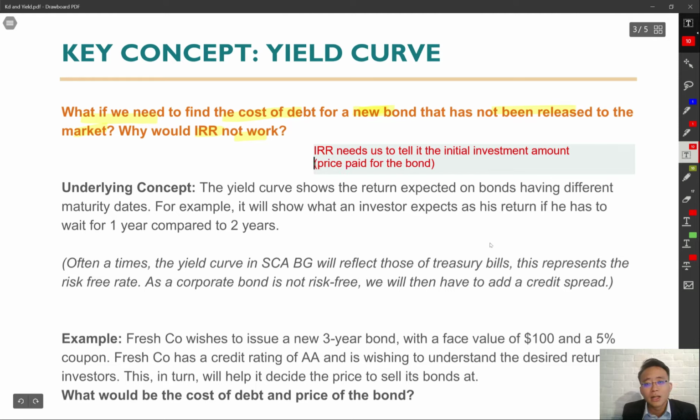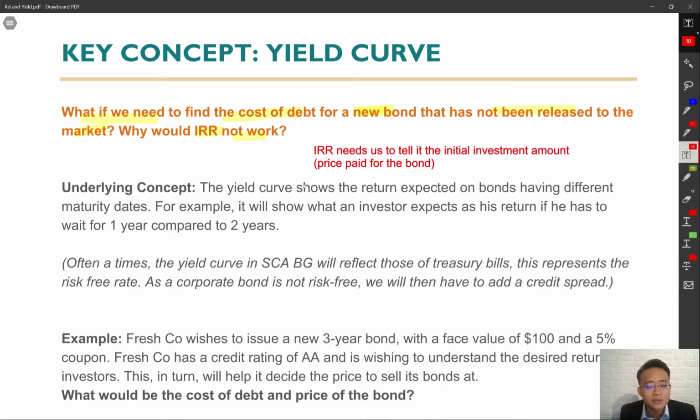Okay? IRR, do you recall, in year 0, you must always put the cost of the bond. How much you bought the bond for in year 0. You have to buy it at a certain price. Then IRR will tell you what the return on your investment is.